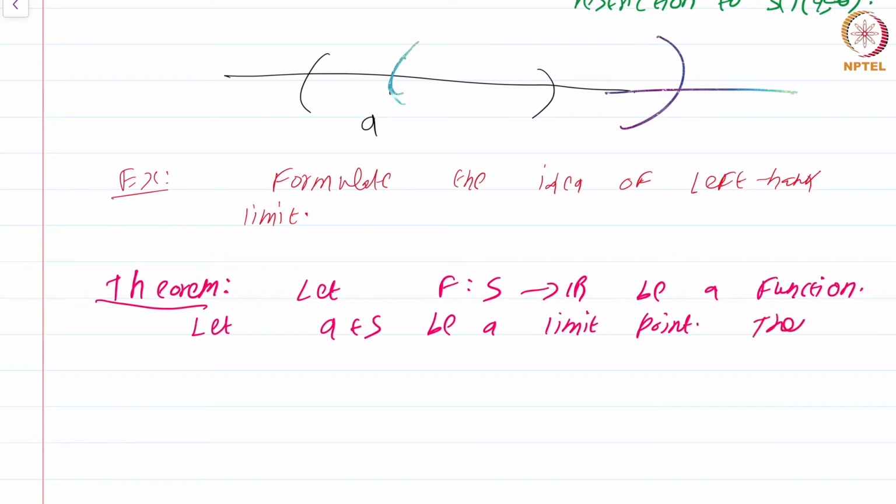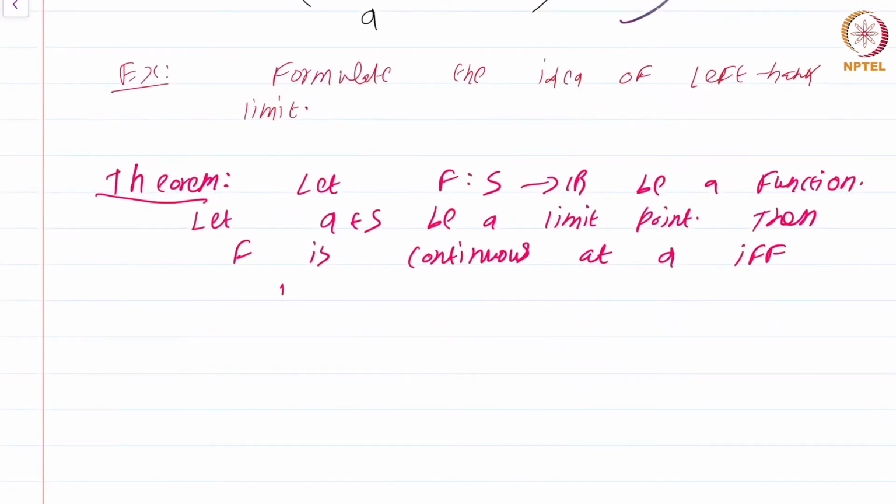Then f is continuous at A if and only if limit x going to A plus of f of x is equal to limit x going to A minus of f of x, is equal to f of A.